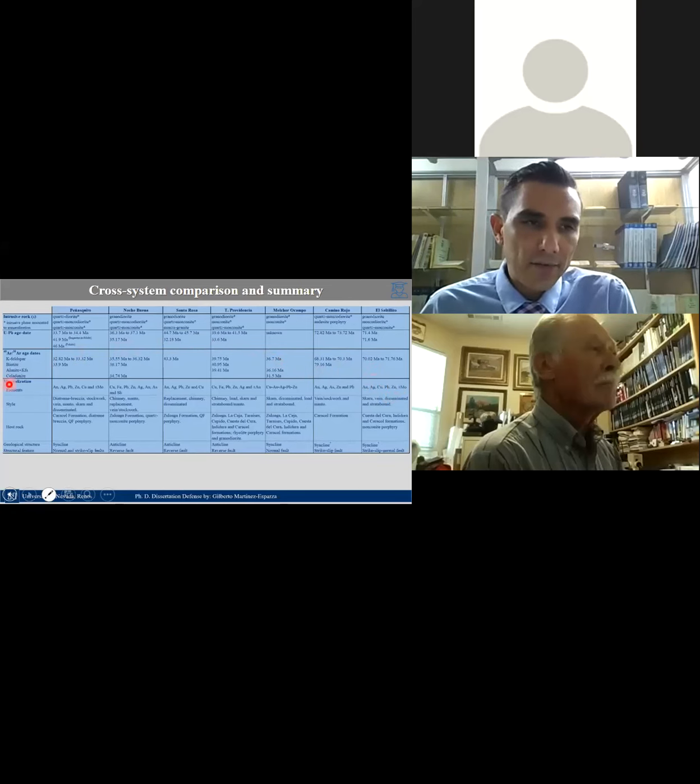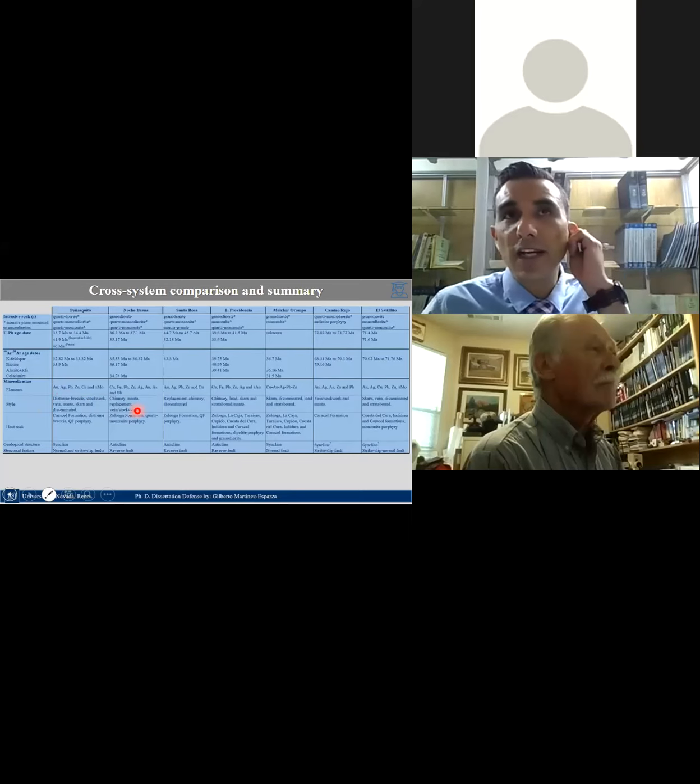So I have already mentioned the style of the mineralization at all the localities, but the difference, especially at Peñasquito, is the two diatreme breccias that form the main ore. The style of mineralization is related, or a key factor related with these styles is the host rock.